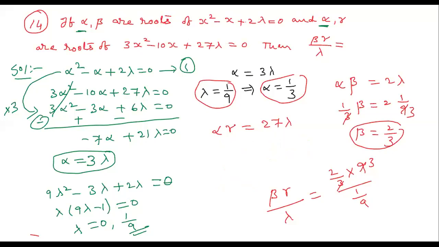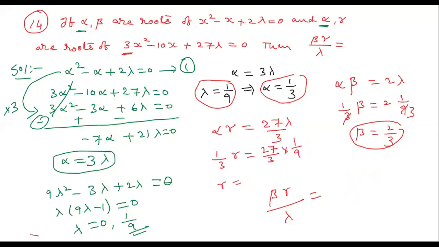What is the product of the roots in the second equation? 27 lambda divided by 3. The 3 we had not written. So 1 by 3 gamma is equal to 27 by 3 into lambda value 1 by 9.